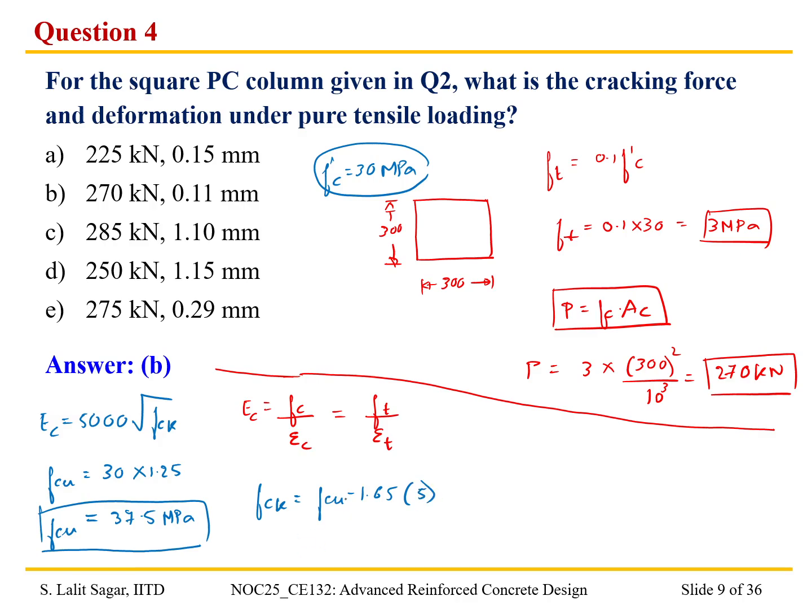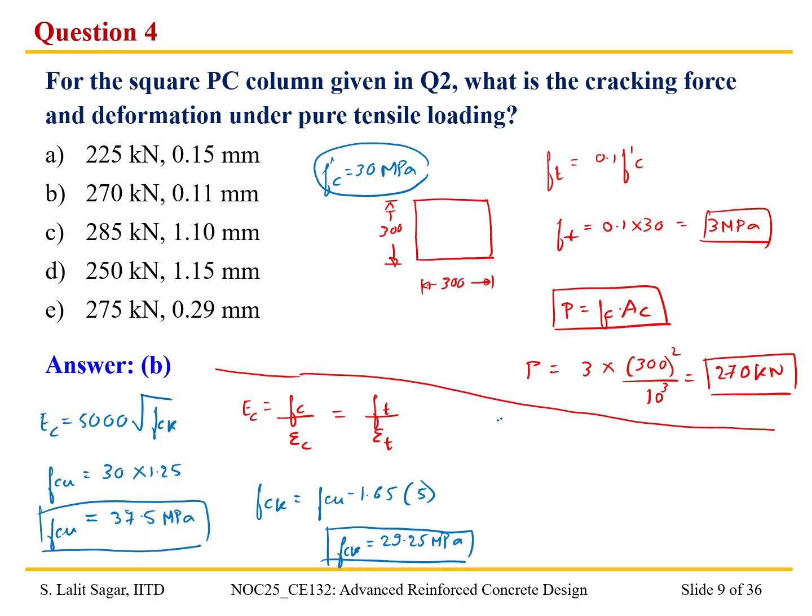Plugging the value of 37.5 in fcu, we obtain the value of fck as 29.25 MPa.